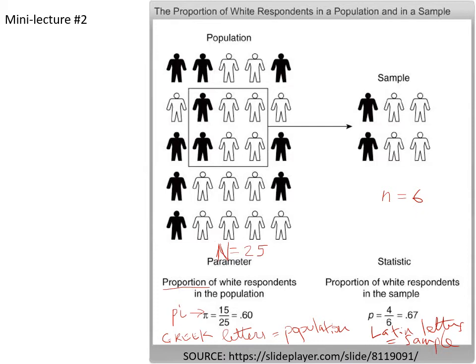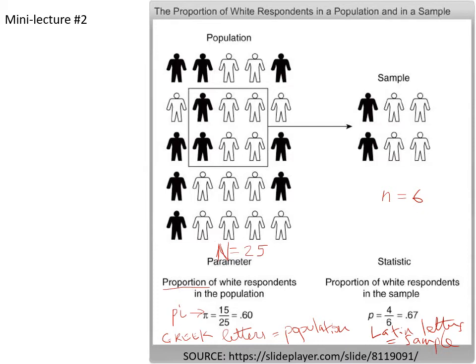Here's an example in which this sample happens to have 6 people in it, so it's sample size 6, and it has captured 2 black people and 4 white people. So the lowercase p, the proportion of white people in the sample, in this case is 0.67, right?